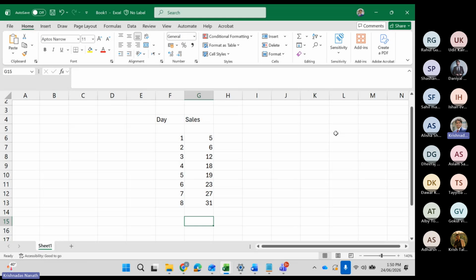But let's take more guesses, any guess from this side. What do you think will be for the 9th day? What is the most likely prediction for day number 9? Any guess, throw any numbers, whatever comes from your observation of the pattern. Any number, Harsh?